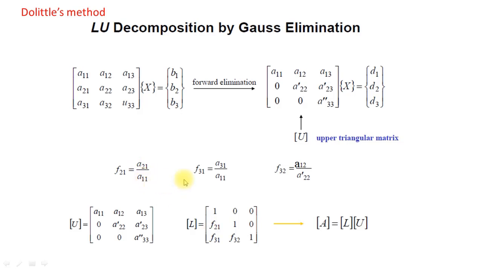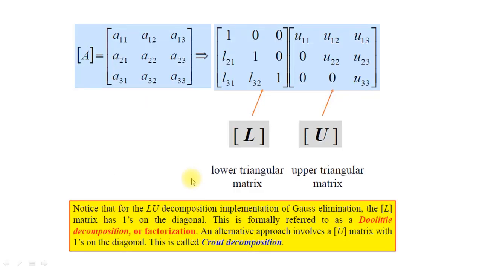This is f21, and divide a31 by a11, we obtain f31, and divide a32 by this new entry a dash 22. So we can find these three unknowns for the lower triangular matrix.